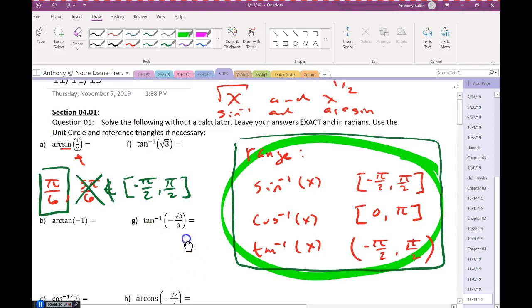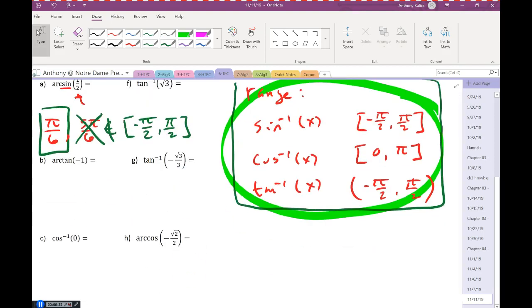Let's do another one of these. Let's say, for example, we'll do B. Sound good? Okay. Tangent is what on the unit circle? It is y over x.